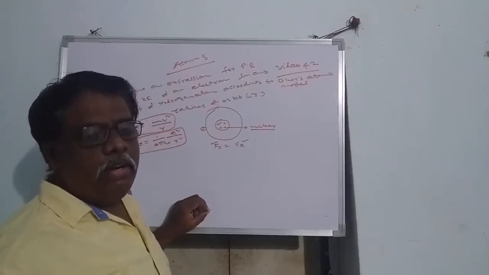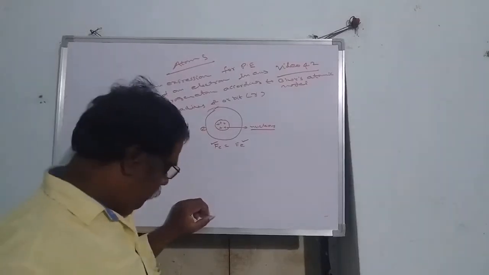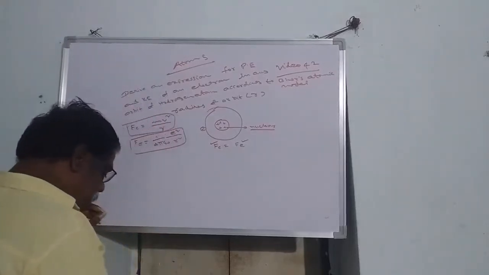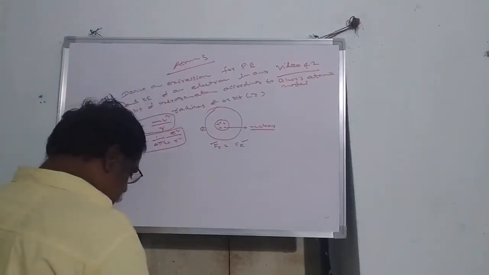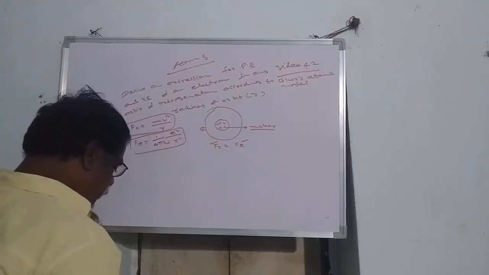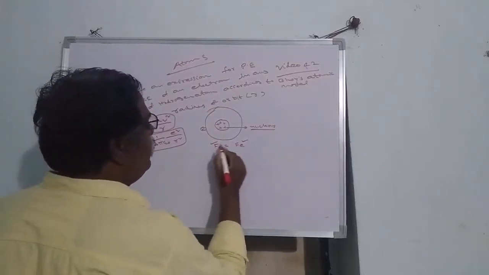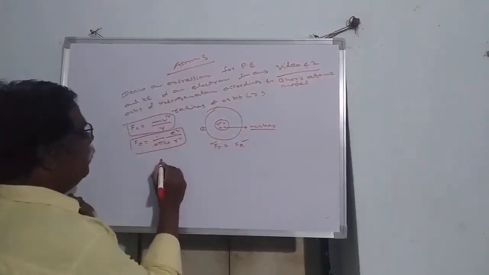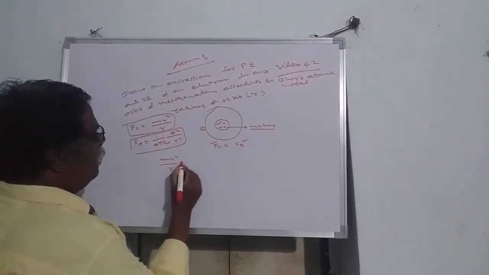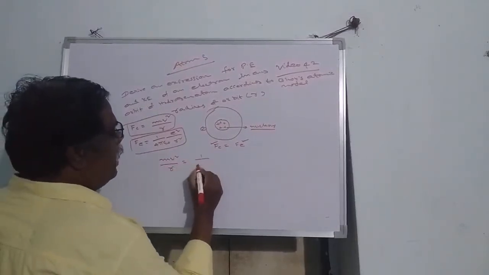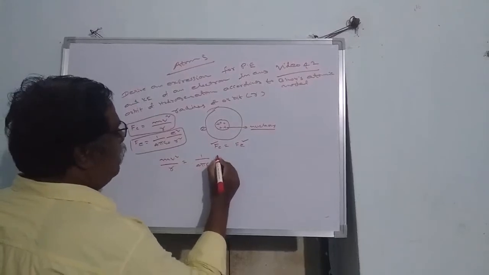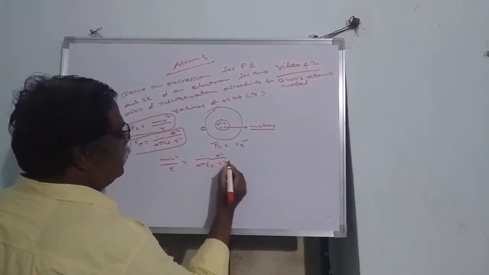That's why this electron revolves around this nucleus. For a stationary orbit in a hydrogen atom, Fc is equal to Fe. Therefore, mv square by r is equal to 1 by 4 pi epsilon naught e square by r square.